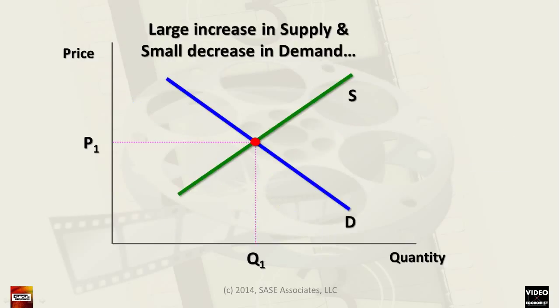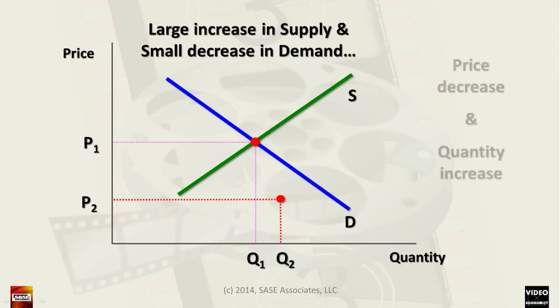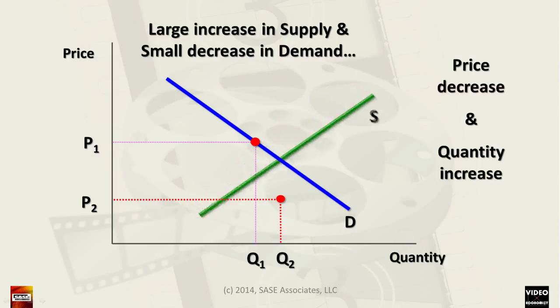In the second example, we consider a large increase in supply against a small decrease in demand. As before, more producers enter the market while the cost of raw material falls. This time, the magnitude of the changes causes a large shift in supply downward and to the right.